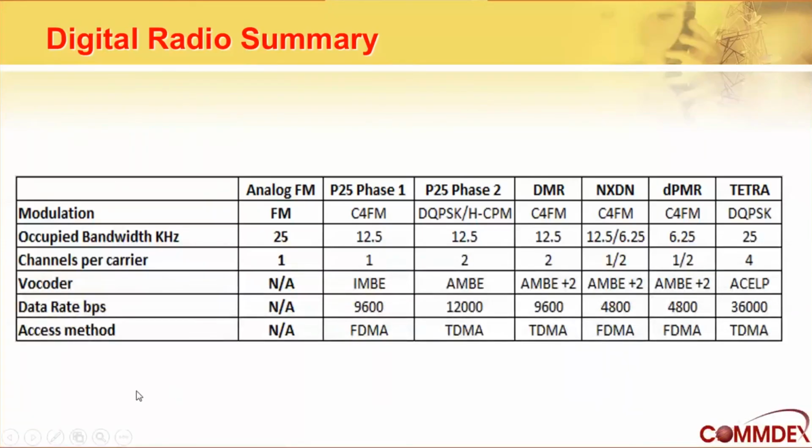And just to wrap up this section, here is a summary of the different types of systems that we talked about: analog FM, P25 phase 1, phase 2, DMR, NXDN, dPMR, and Tetra, as far as their modulation, their bandwidth, how many channels per carrier, the type of vocoder, the raw data rate, and the access method.